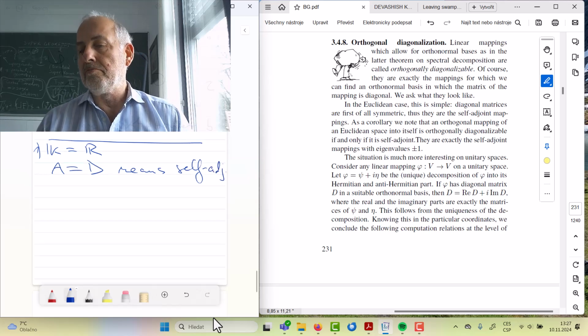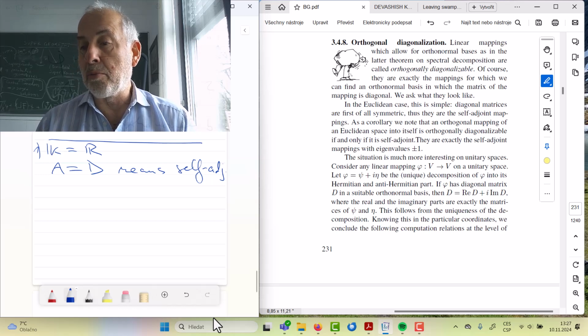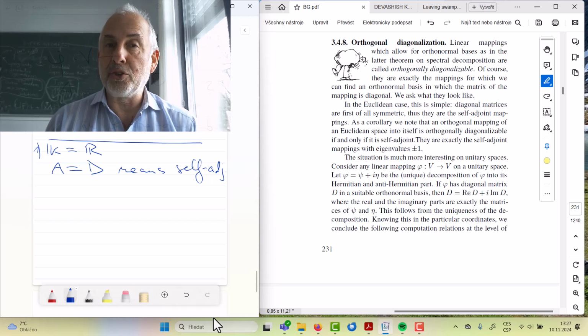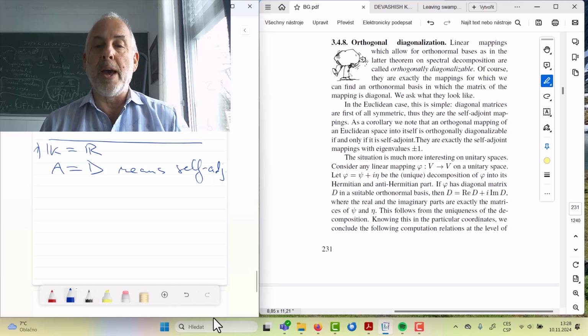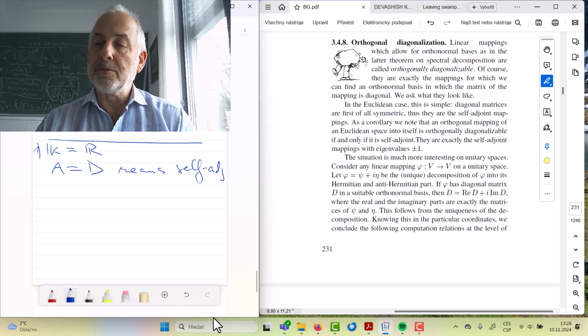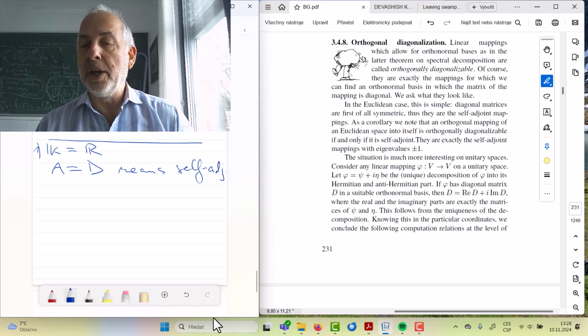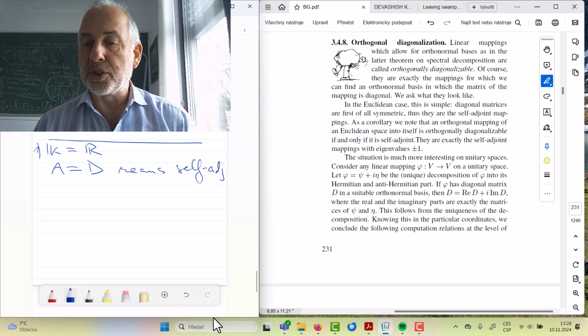So it's the answer, right? So if in one orthonormal basis the matrix should be diagonal, then it means the mapping has to be self-adjoint. And then vice versa, if it's self-adjoint, we saw already that there is a basis which is orthonormal, in which it enjoys diagonal matrix, with the diagonal elements being the eigenvalues, and all the eigenvalues are automatically real for self-adjoint ones.